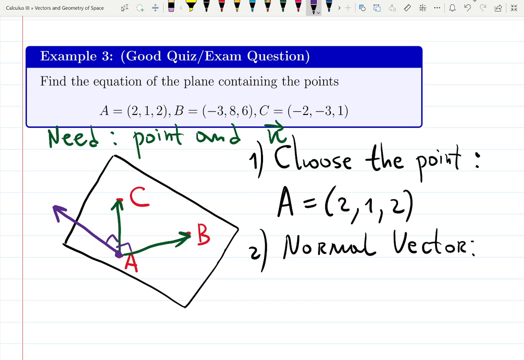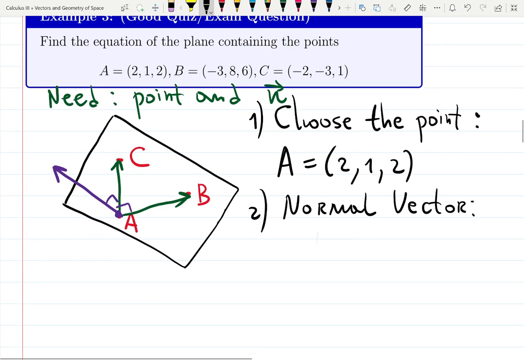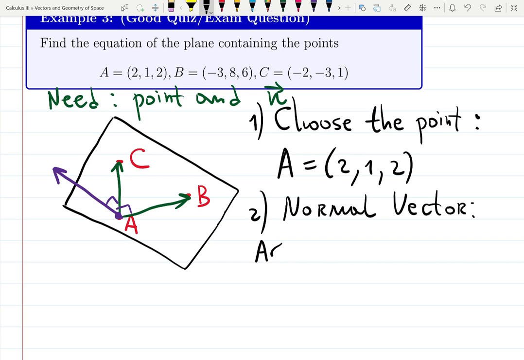So choose any 2 vectors. I chose, or you chose, AC and AB. So let's build them first. AB and AC will be, you remember that, so I'll go fast here. -3 minus 2 is -5, and then 7 and 4.